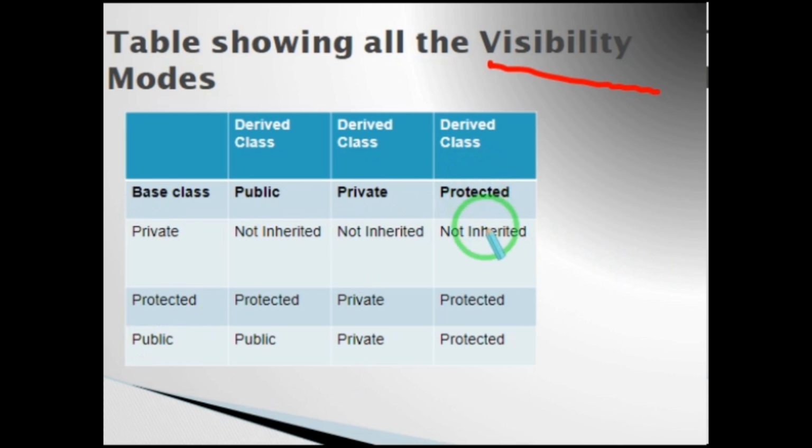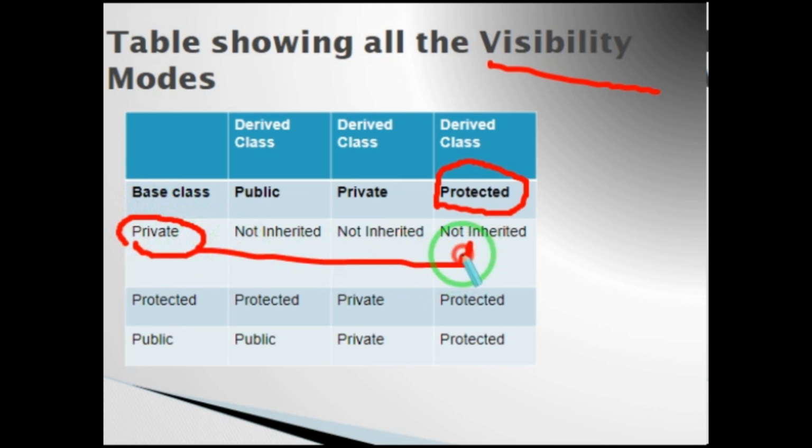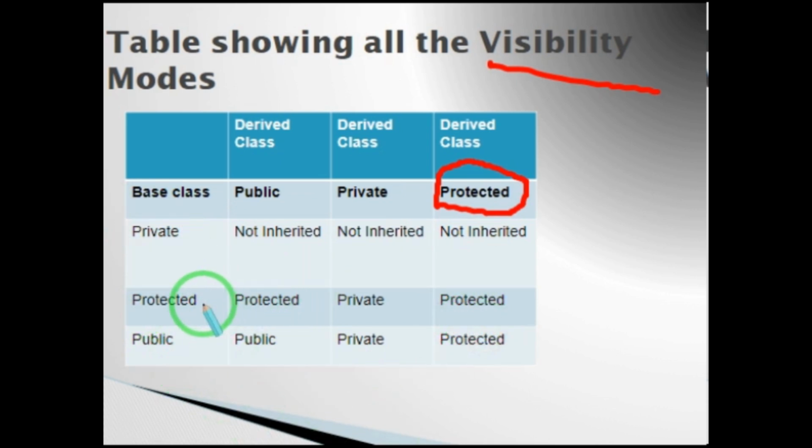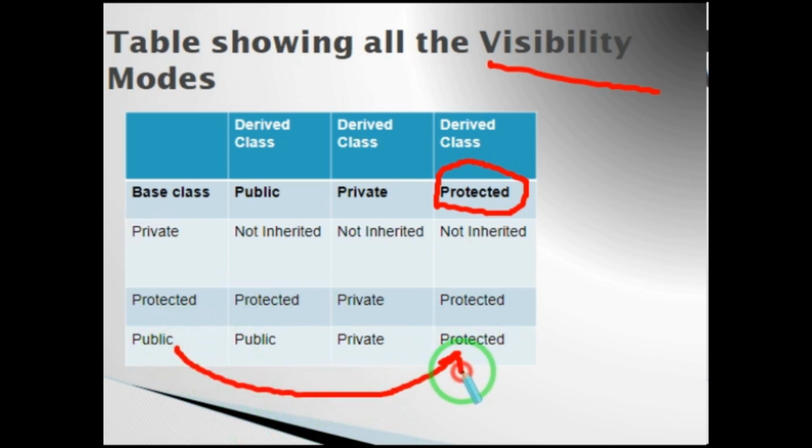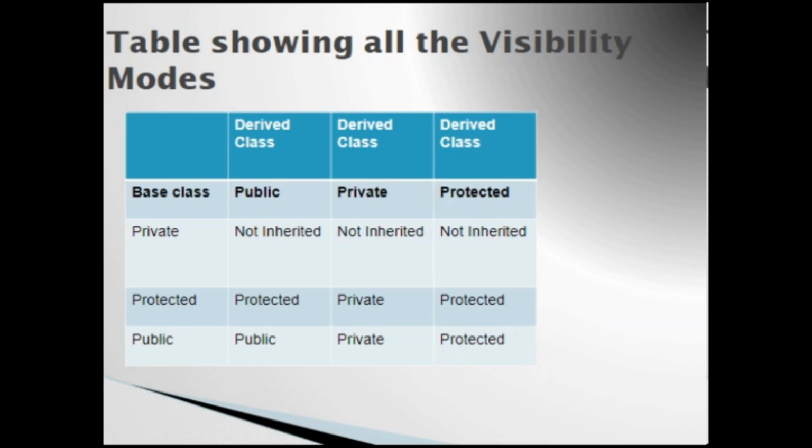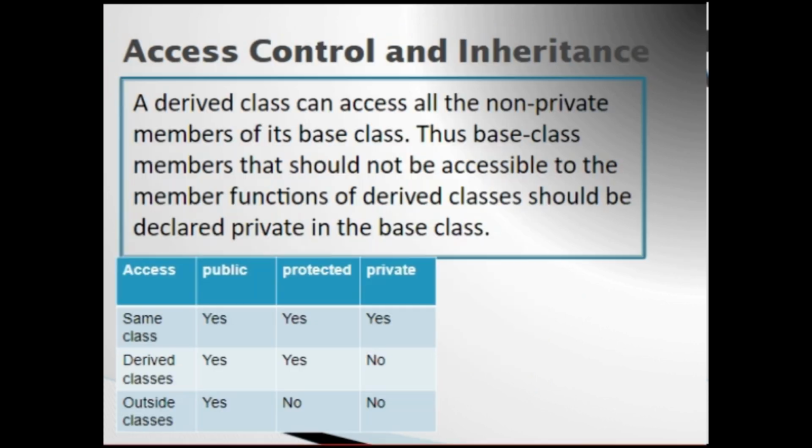Now we are going to discuss protected access mode for inheritance. If I use a protected access specifier in my inheritance syntax, again the private member of my base class is not inherited. The protected member of my base class is treated as protected. Dear student, but the public member is treated as protected in the derived class. So this is the visibility mode in the inheritance concept.